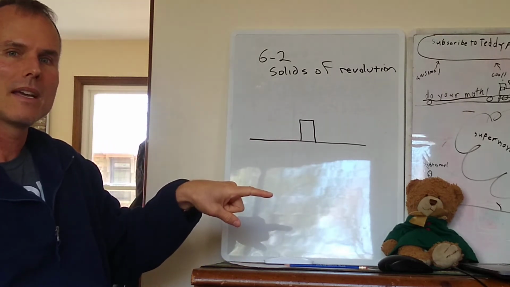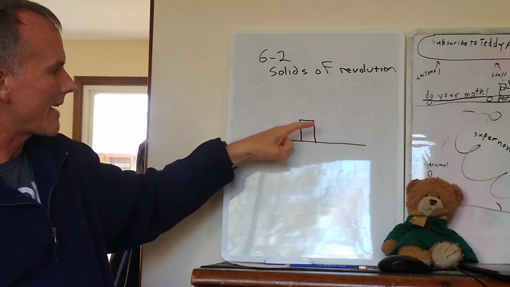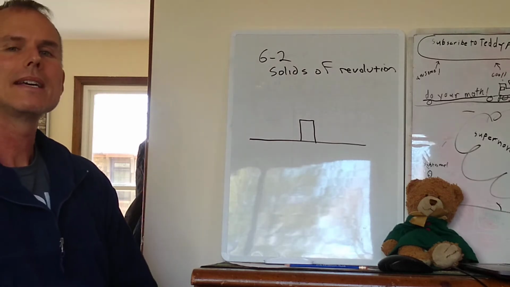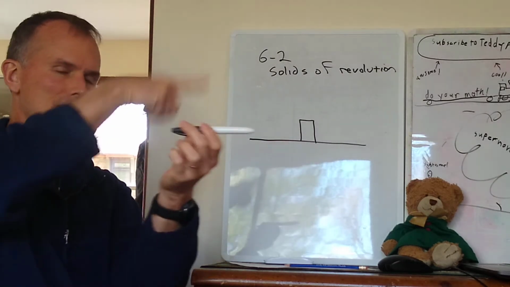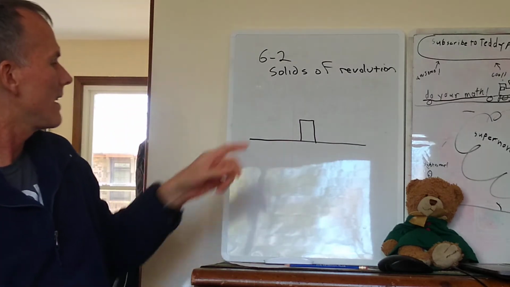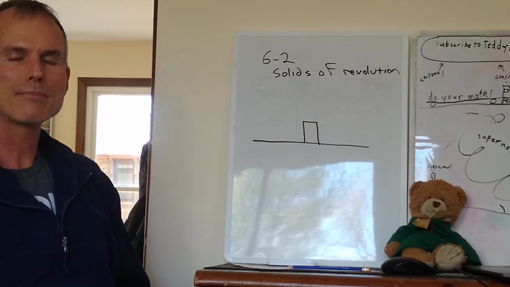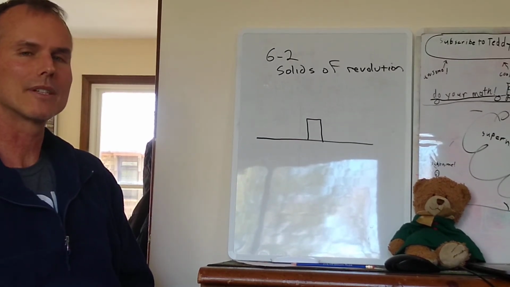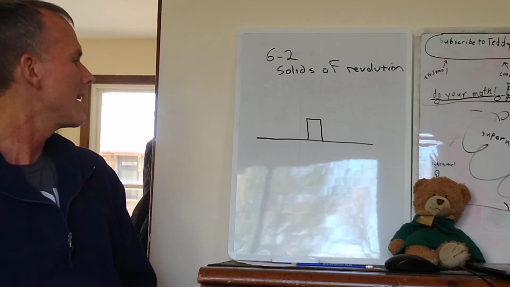As that board spins, it comes out of the page, goes into the page, goes back behind the page. It's in three-dimensional space, just spinning around that line. It's going to carve out some space. And if you spun it fast enough, think about what it would look like.